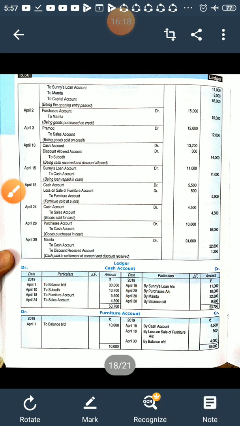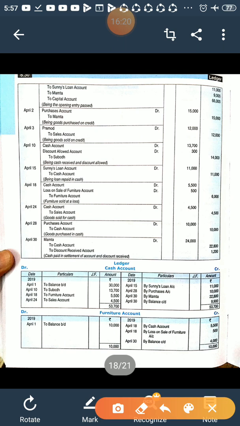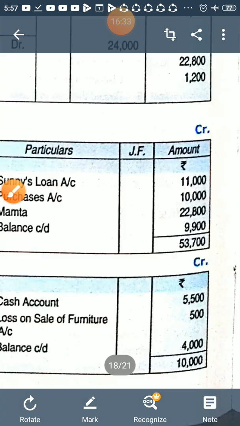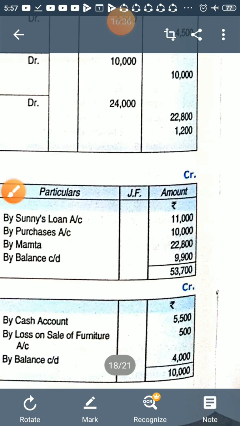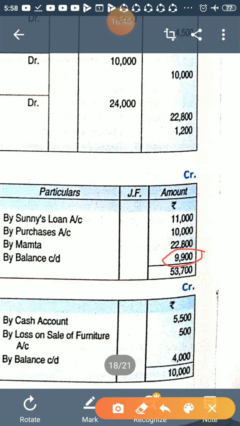Now we will make balance. The debit side total is 53,700 and the credit side total is lesser than that, 43,800. The difference is 9,900, right?